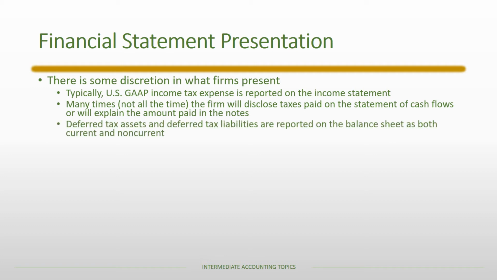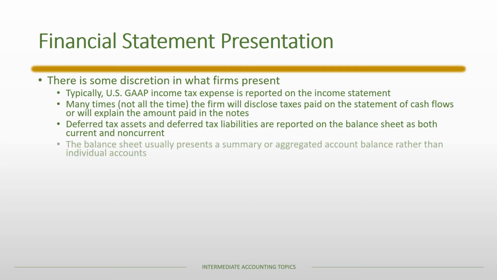Deferred tax assets and deferred tax liabilities are typically reported on the balance sheet as both current and non-current. So any portion of a deferred tax asset or deferred tax liability that will expire in the upcoming year or operating cycle would be classified as current. Anything outside of that would be classified as non-current.